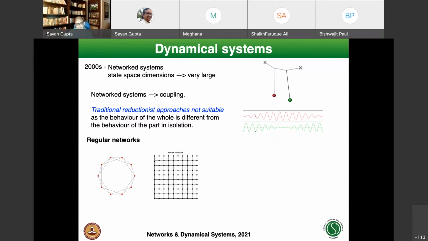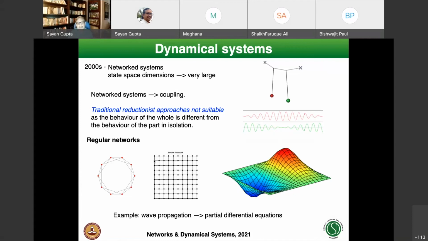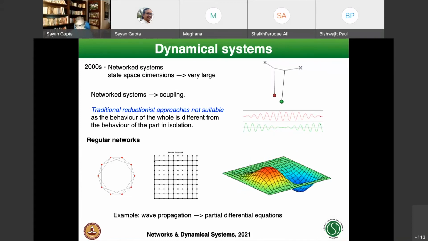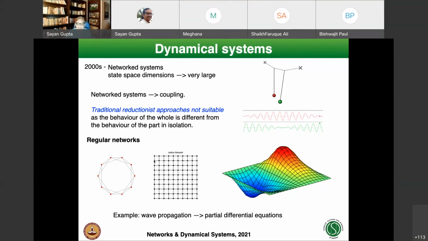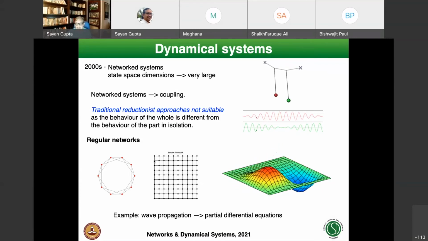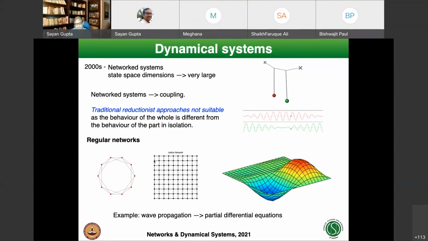So you can study, for example, wave propagation using this type of network, which we know you can also study through partial differential equations. But if you take this partial differential equation and numerically want to discretize and solve it, you essentially arrive at something like this regular network.